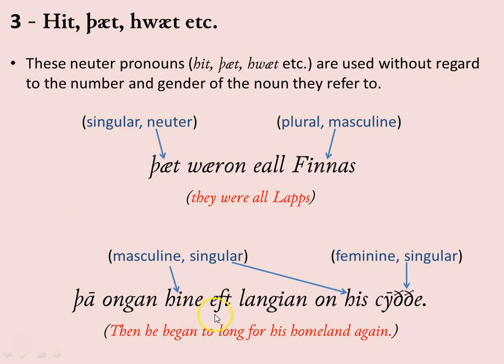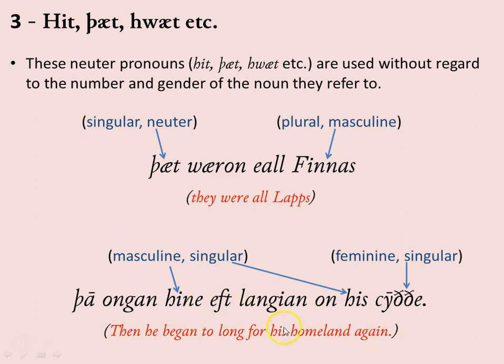"Þa ongan hine eft langian on his cyþþe." So here hine is masculine, he, his. In other words, then began he again to long for his homeland. Okay, then he began to long for his homeland again.